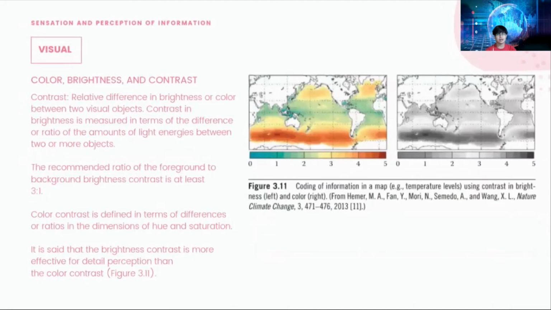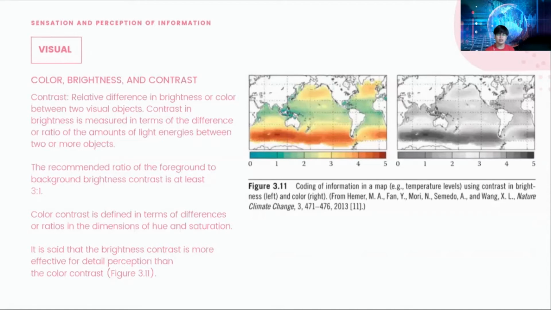Next, the contrast. Contrast is the relative difference in brightness or color between two visual objects. Contrast in brightness is measured in terms of the difference or ratio of the amount of light energies between two or more objects. The recommended ratio of the foreground to background brightness contrast is at least 3:1. Color contrast is defined in terms of differences or ratios in the dimensions of hue and saturation.